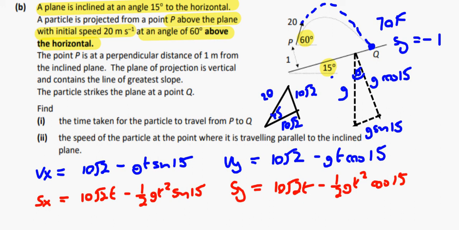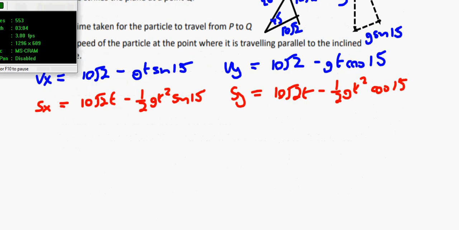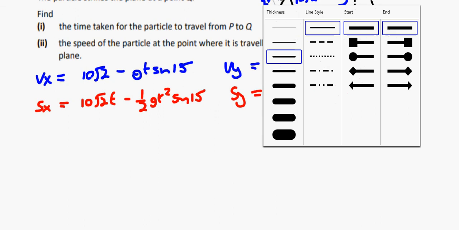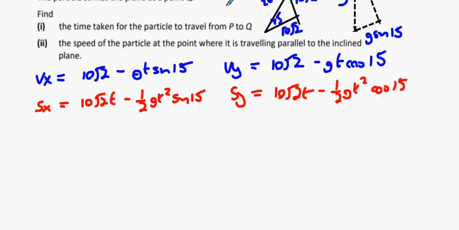Pause and recheck your formula. Okay, time taken. So for the time of flight, Sy will equal -1. So all of this here equals -1.